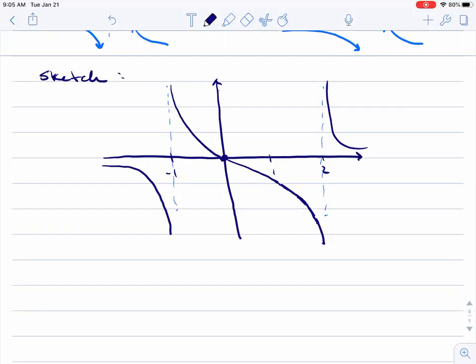So using limits, we're able to determine that yes, there are asymptotes, but also which direction they're going. Any questions?